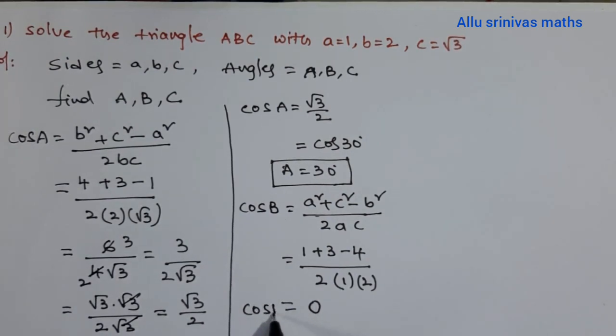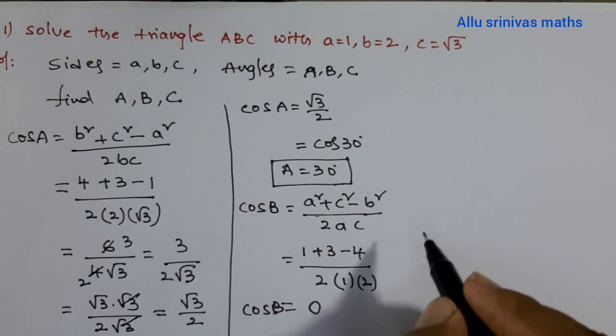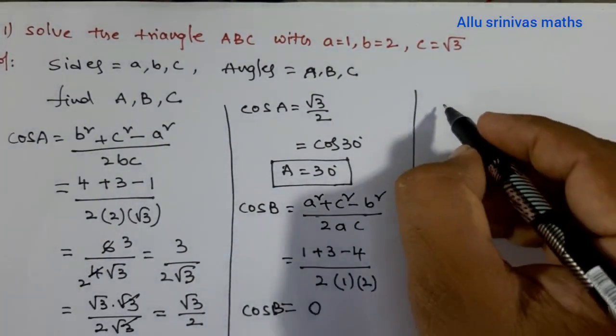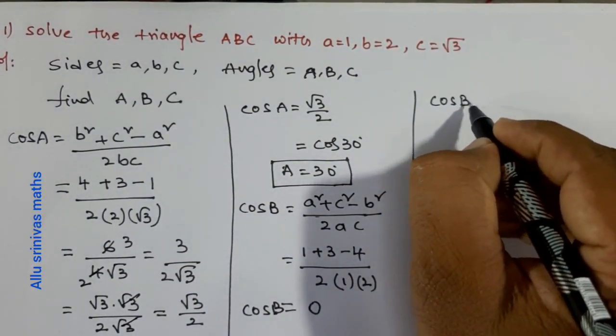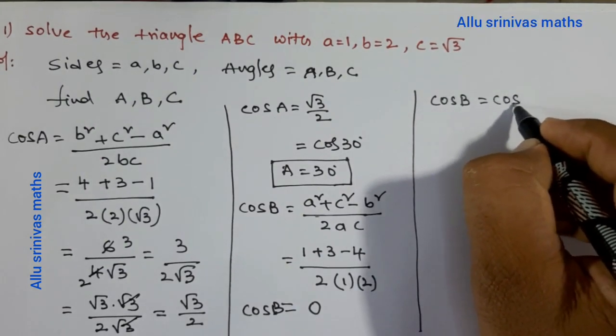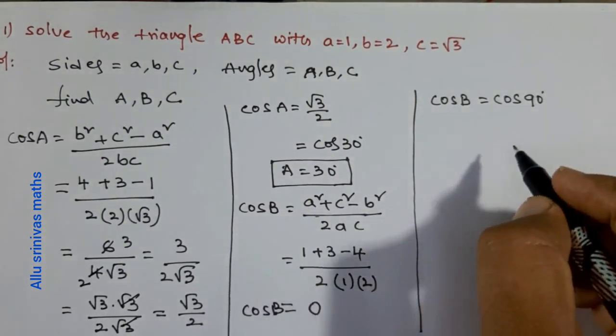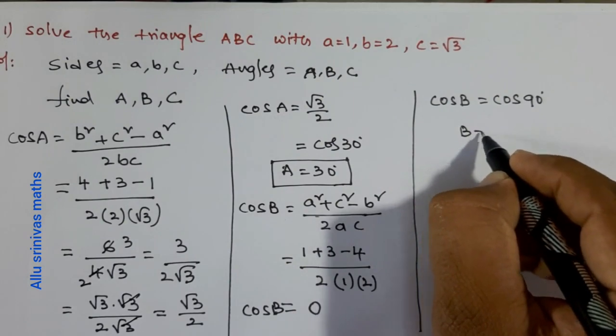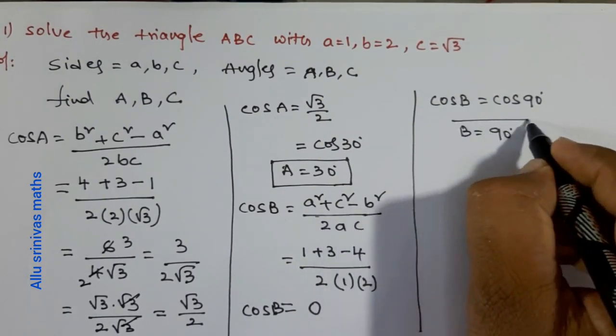Cos B equals 0, and 0 can be written in cosine terms as cos 90 degrees. Both sides cos is cancelled, B is 90 degrees.